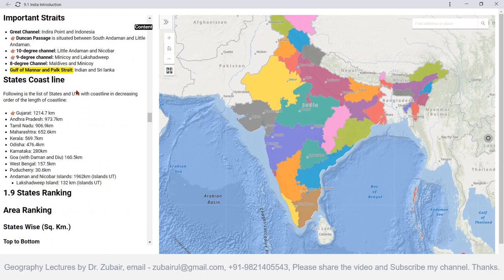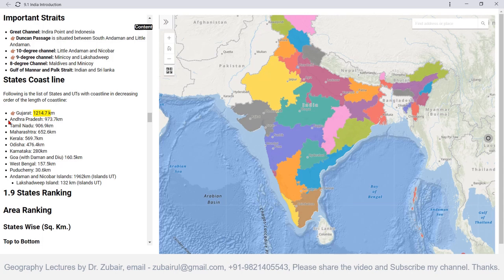Now let's see the states' coastline. If the question is which state is sharing the longest coastline, the answer is Gujarat. But in the options, if Andaman Nicobar is there, then Andaman Nicobar is sharing the longest coastline. You can see 1962 kilometers, and Gujarat is 1240.